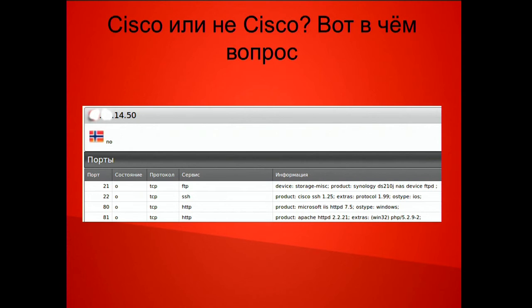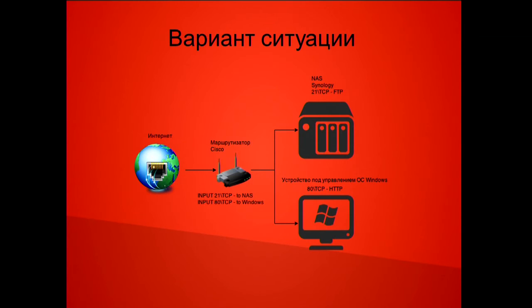Another outcome was that we found Cisco, but there's also Synology and Windows using the Apache port. So is it Cisco or not Cisco? If we try to look into that, really, routers can access ports, and the situation is that Cisco forwards the other two devices to the particular ports.